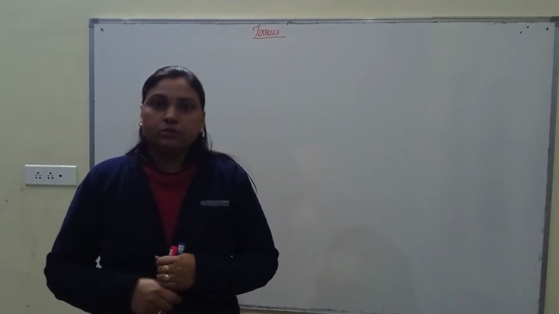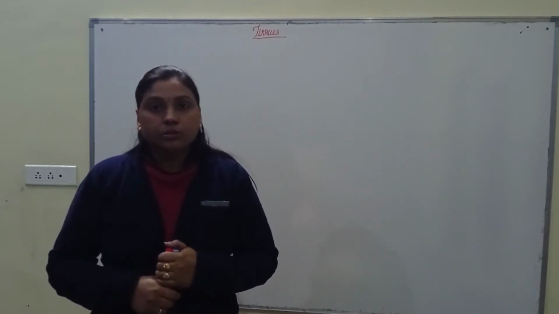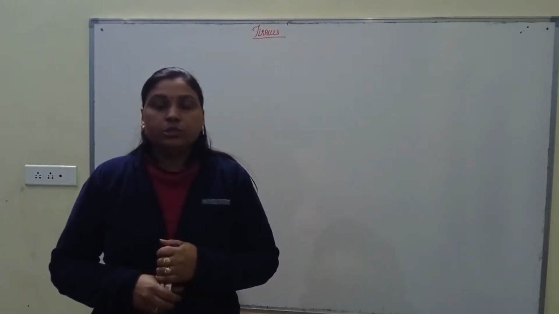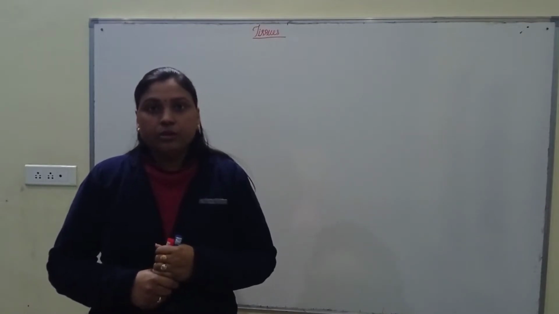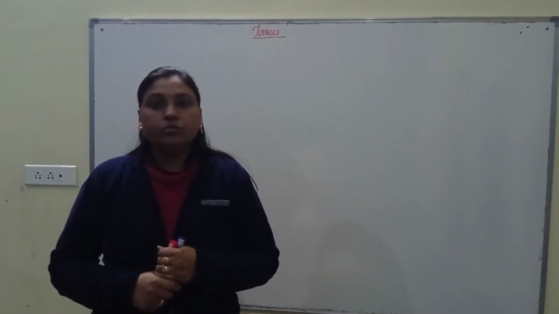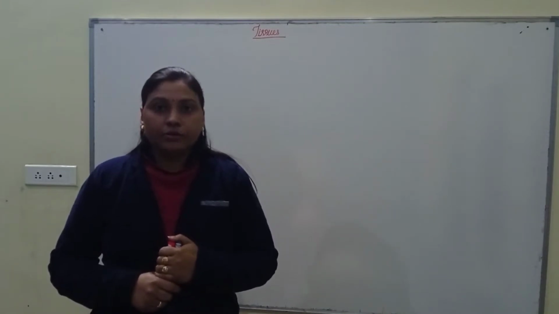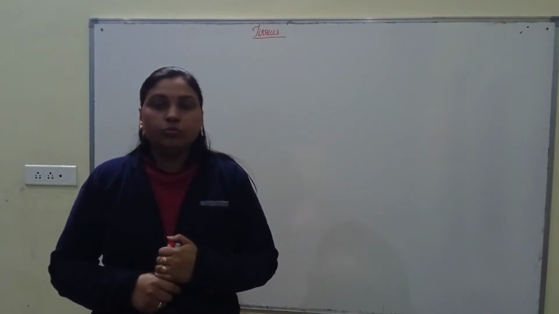Even before we start the discussion, I would like to recall a few points of the muscular tissues. Muscular tissues are responsible for the movement and locomotion in our body. Muscular tissue consists of contractile proteins that help in the contraction and relaxation of muscles, which enhances movement inside our body.